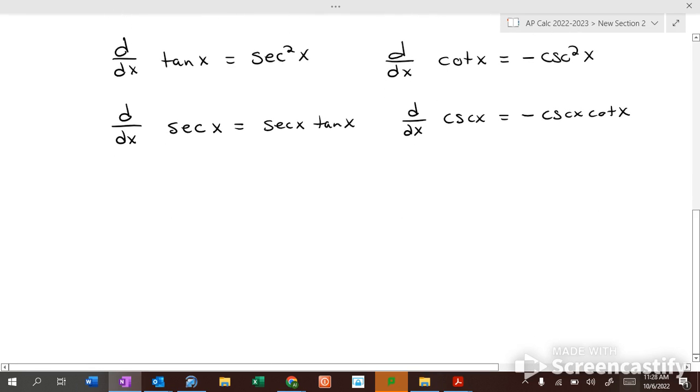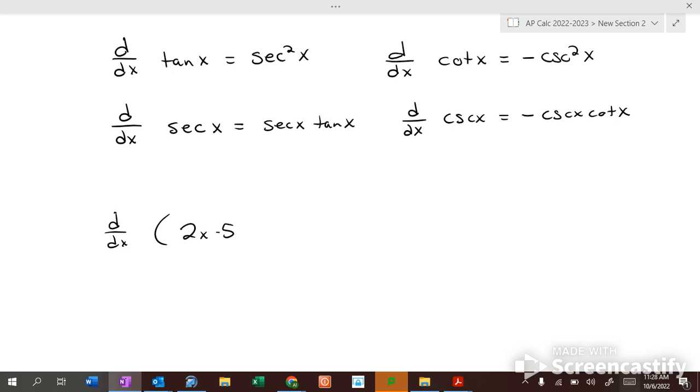Okay, so if you're told to take the first derivative of 2x minus 5 times 4x plus 7. What we do is we take the first, 2x minus 5, times the first derivative of the second.